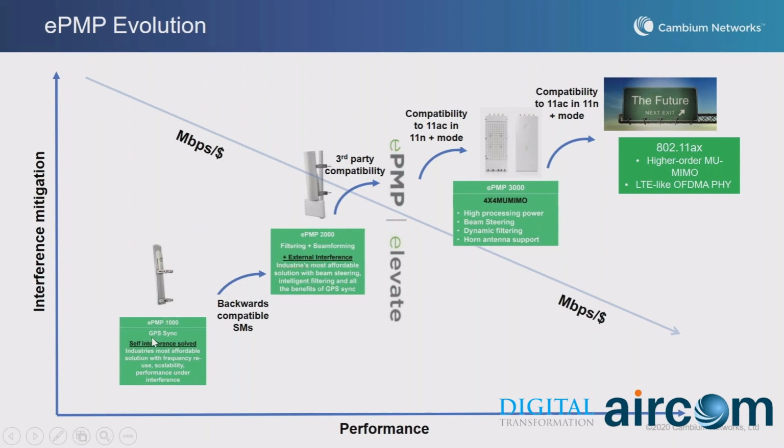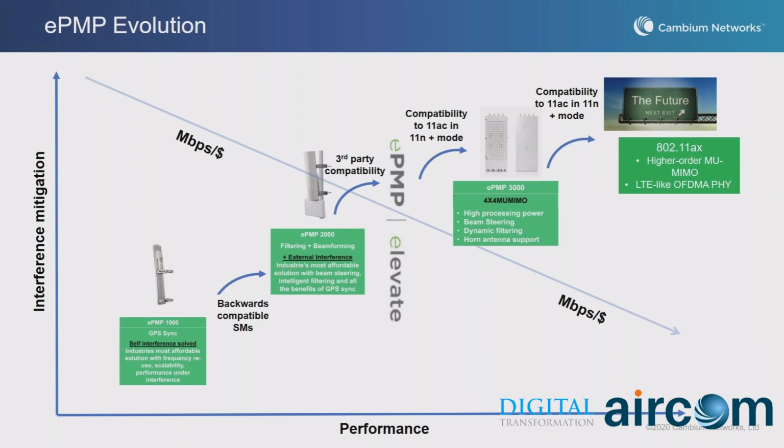And how did we do that? We did that by using our GPS synchronized solution. So when ePMP 1000 was introduced, we were able to deploy this product in networks where they reuse frequency without having a negative impact on their network.